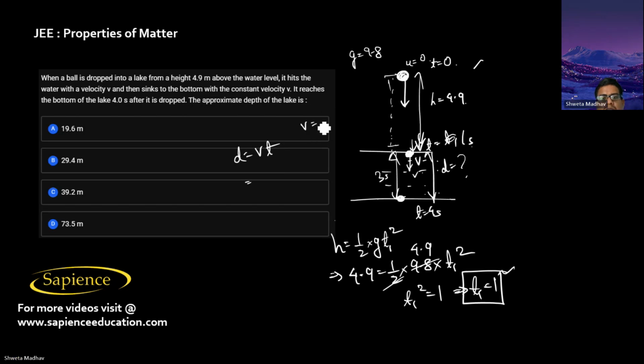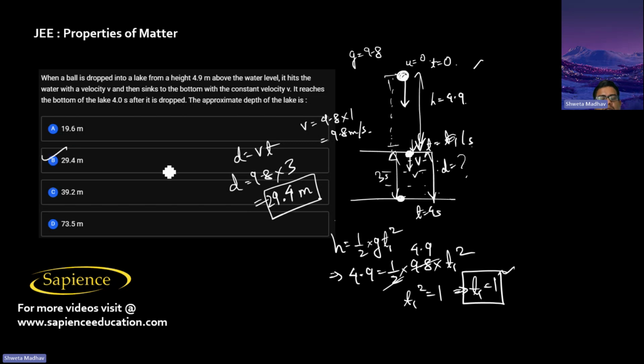That is v equal to u plus gt, 9.8 into 1, so that is 9.8 meters per second. So depth will be 9.8 into 3, which is 29.4 meters. So the depth of the lake is 29.4 meters. So option B is the correct answer.